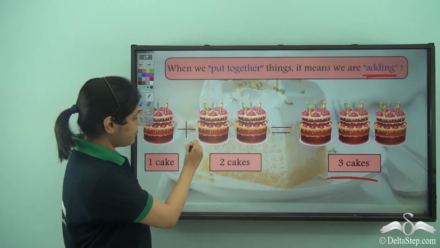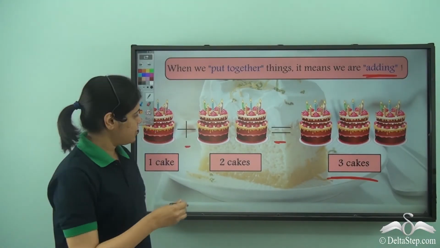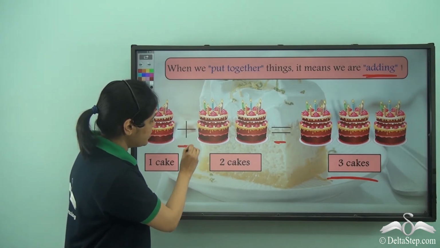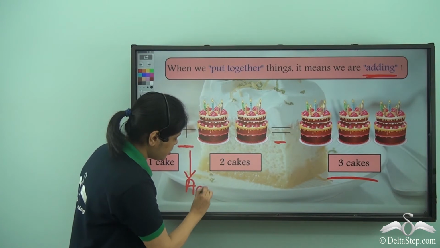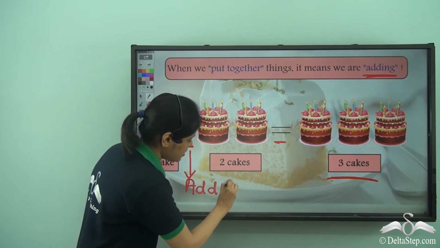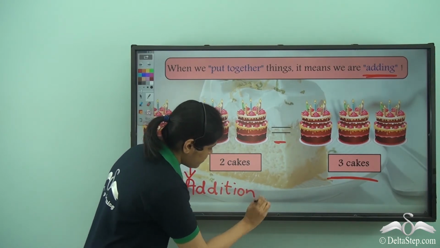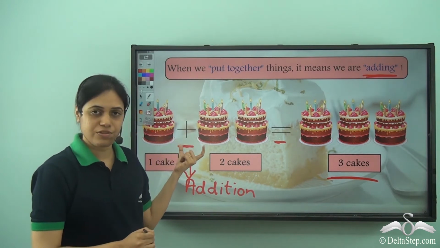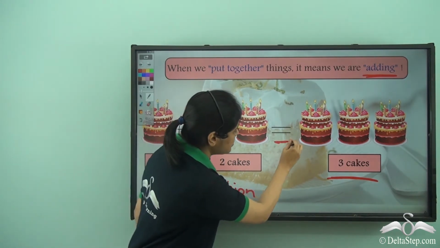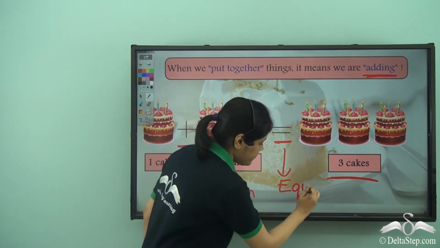But what are these symbols here? Did you notice these symbols? So this symbol here is the symbol for addition, right? This is the symbol for addition. The plus symbol, the symbol for addition. And this is the equal to symbol.